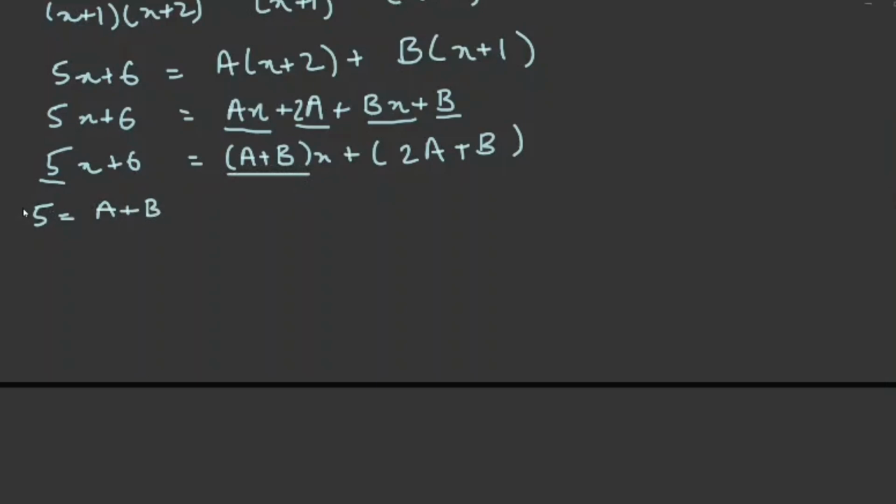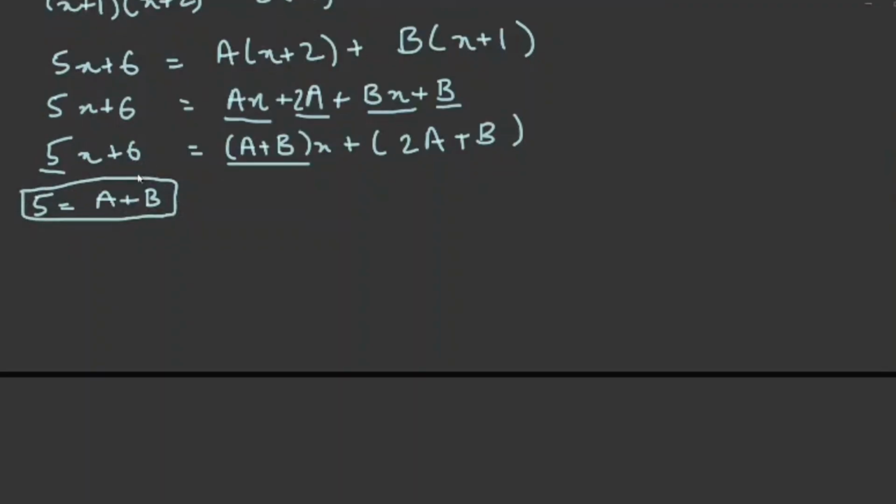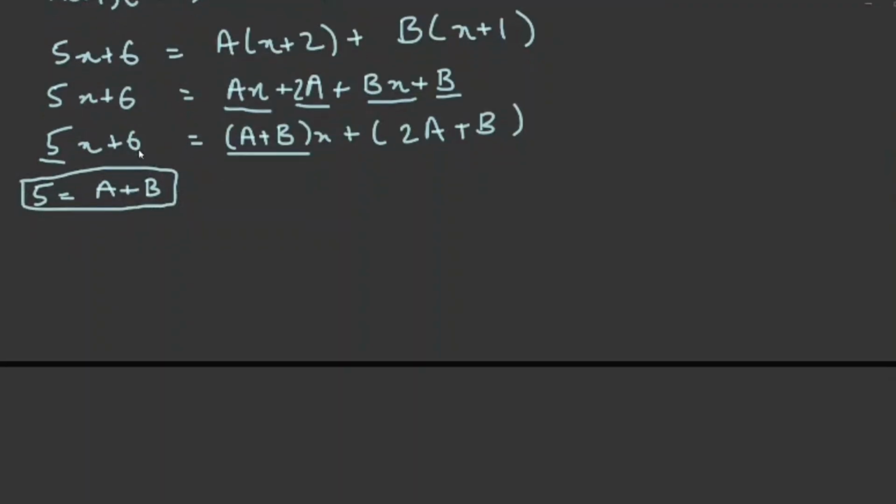See, this is our one equation, and here we would take the values with no x. Here we have 6, and here we have 2A plus B, and here is our second equation. Now we have to solve them to get the values of A and B.